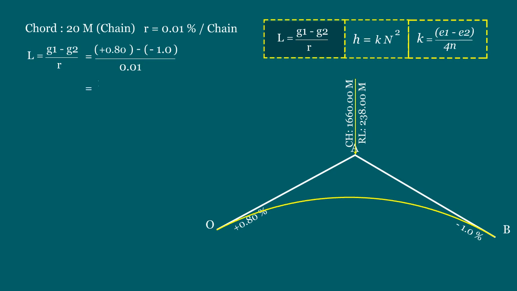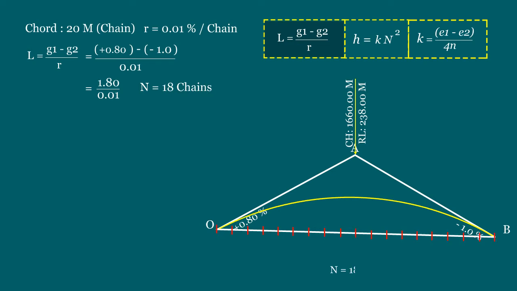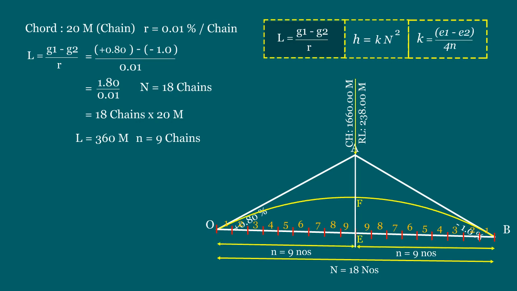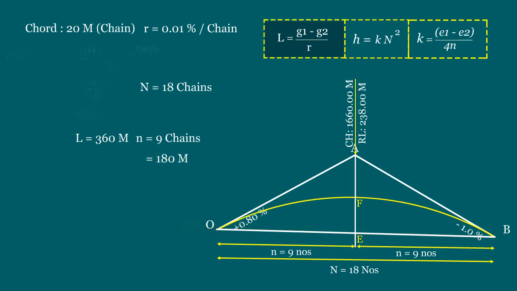So the length of the curve equals 1.80 divided by 0.1, that equals 18 chains. That is known as N. This equals 18 chains into 20 meters of each chain, equals 360 meters. And the length of the curve at either side of the apex equals 9 chains. This is known as n, which equals 180 meters.